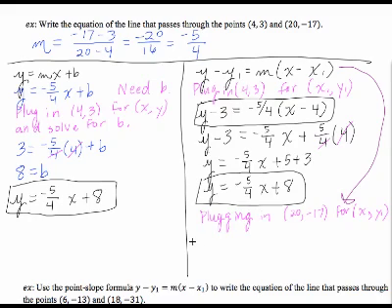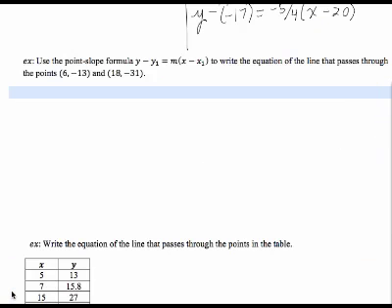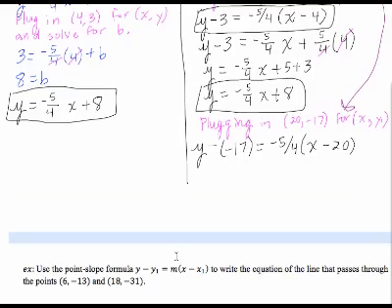It would be y minus negative 17 equals negative 5/4 times x minus 20. Okay, so again, that is fine for your equation of the line.